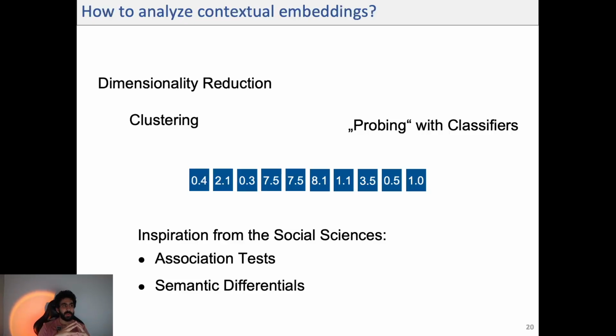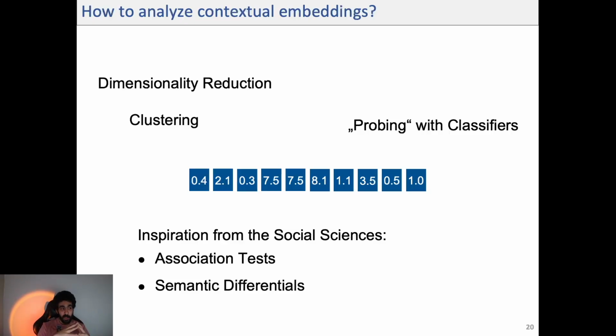But we can use techniques like PCA or t-SNE to squeeze them down into 2D or 3D so that we can better visualize them. Once we reduce the dimensions, we can try clustering those embeddings. This helps us see if similar meanings naturally group together. For example, words about animals in one cluster and emotions in another cluster.